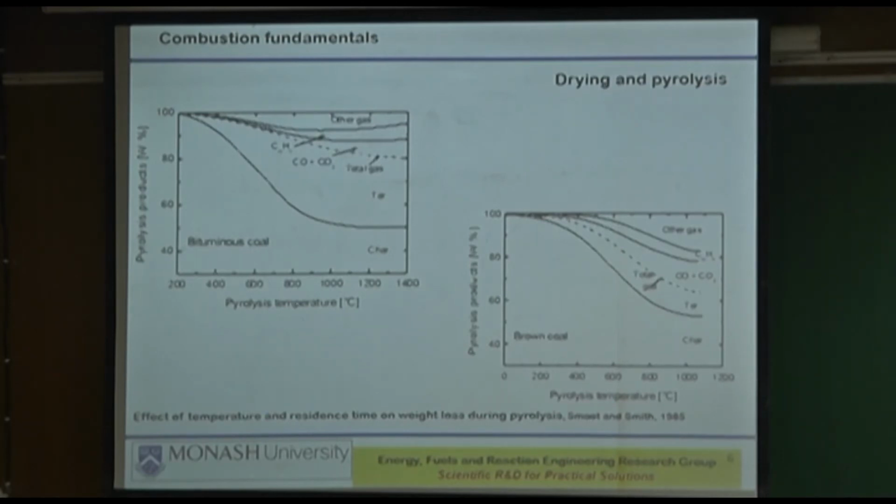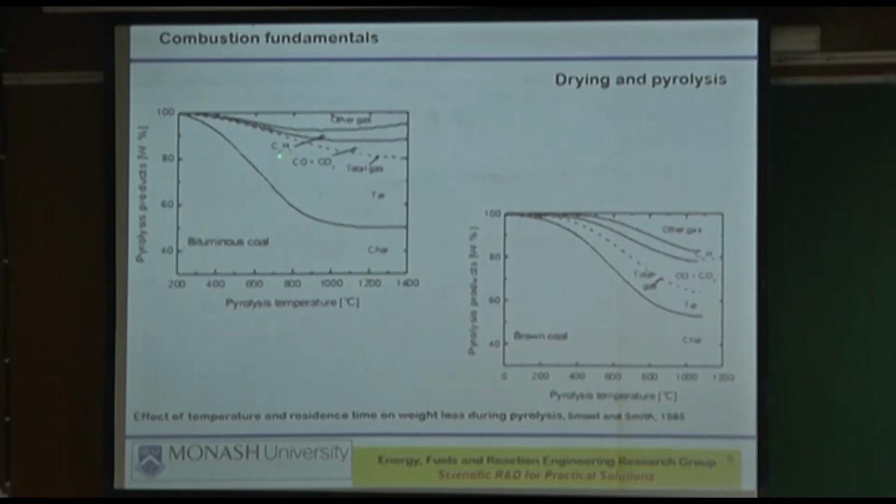Important thing to note in here that in these zones, they will get the tar, which is the very higher order hydrocarbons. And then you will get, of course, from the breakage of the carboxylic bonds, CO and CO2.